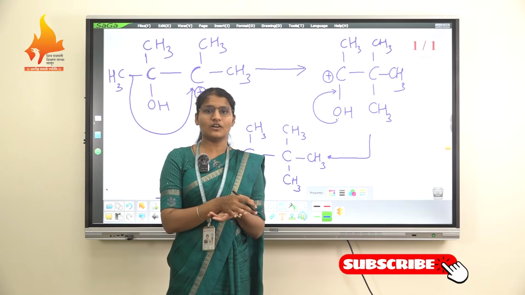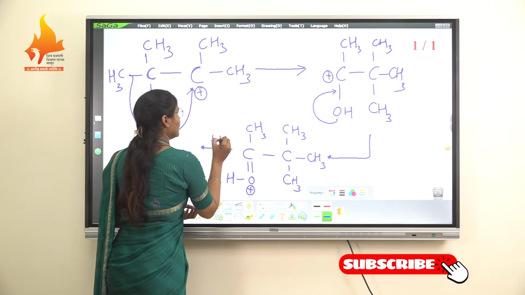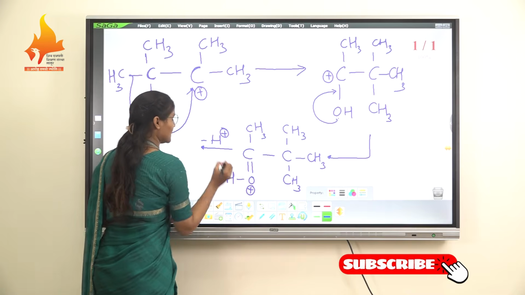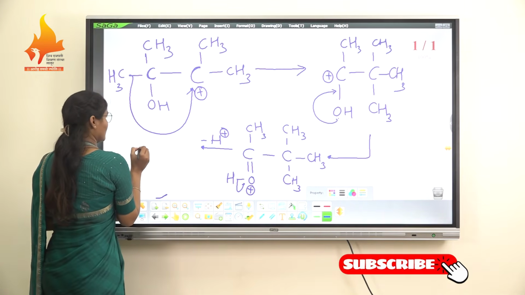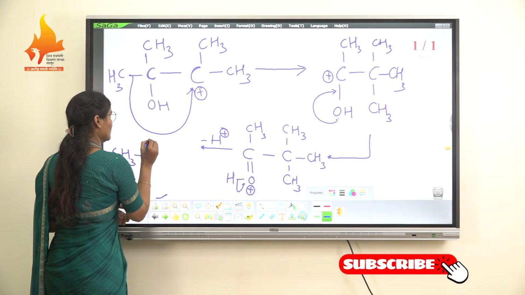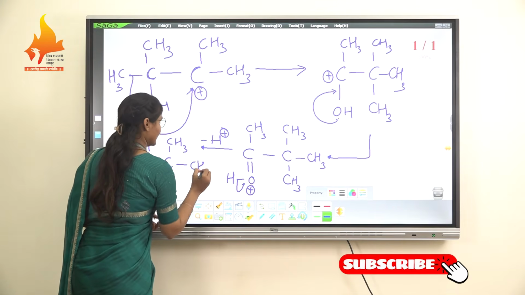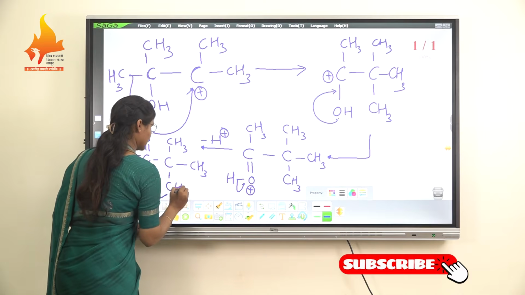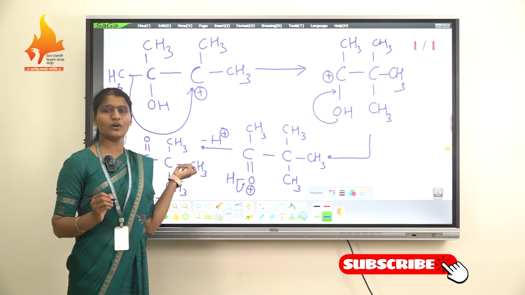After the completion of the reaction, the acid catalyst regenerates, minus H plus. So we will get CH3, C double bond O, C, CH3, CH3, and CH3. This is our product, that is pinacolone.